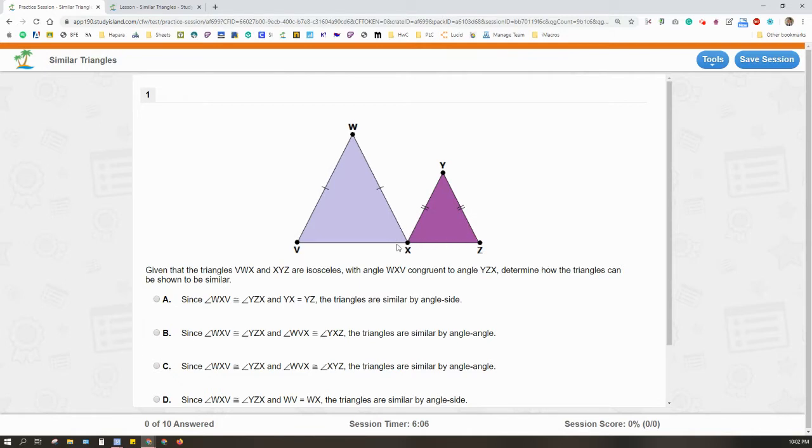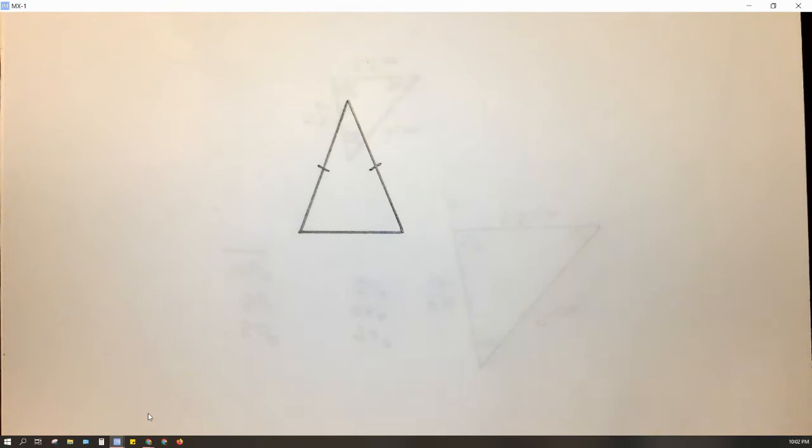The angle YXV corresponds to YZX. They're congruent angles. They correspond to each other. So that's one of the two pairs of angles that we need to show are congruent. Well, it says determine how the triangles can be shown to be similar. We need the other angle to know they're similar. And how do we do that? It's pretty simple. Take a look at this drawing that I made.